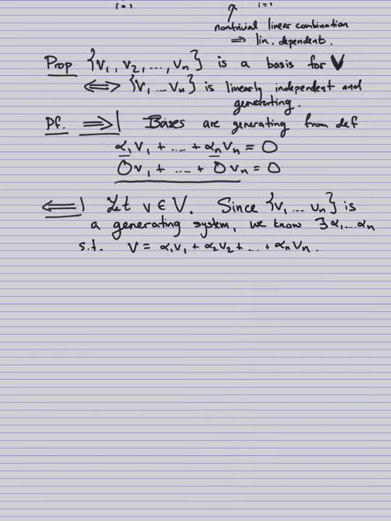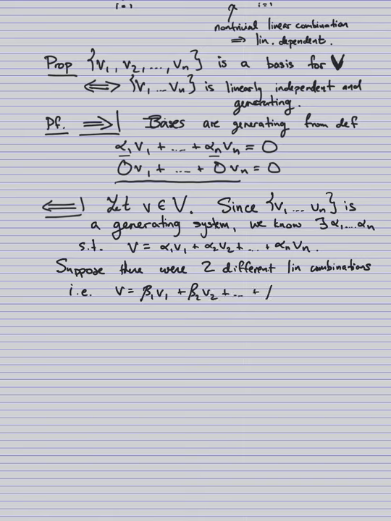So suppose that there were two different ways to do it. So suppose there were two different linear combinations, i.e., v is equal to beta 1 v1 up through beta n vn.